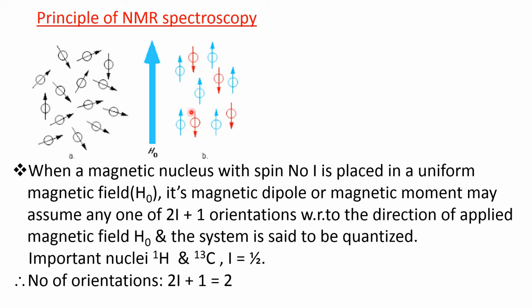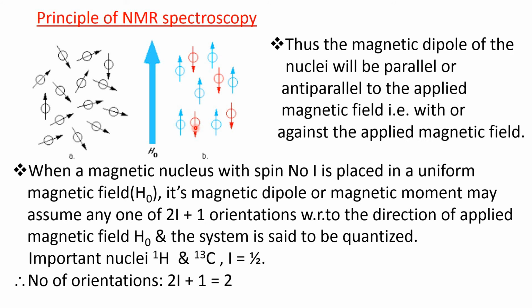That means nuclei will either be aligned to the external magnetic field or just opposite to it. Thus the magnetic dipole of the nuclei will be parallel or antiparallel to the applied magnetic field, that is, with or against the applied magnetic field.